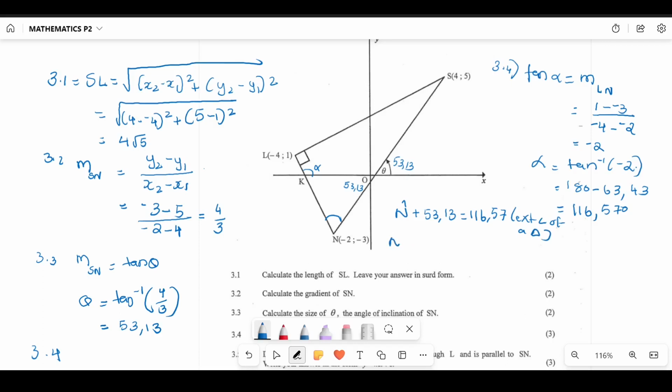Therefore angle N is equal to 116,57 minus 53,13, which gives you 63,44. That is angle N.